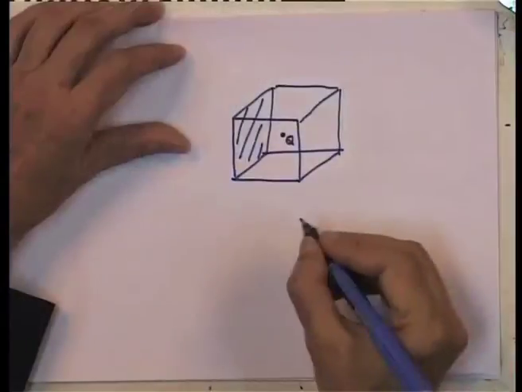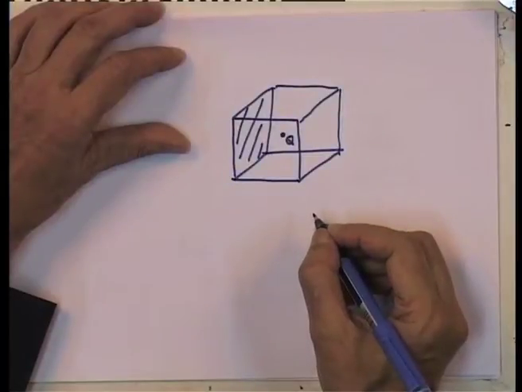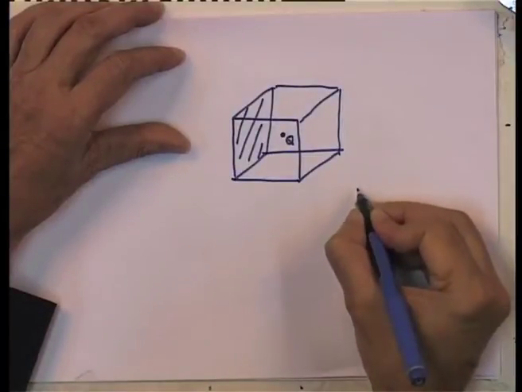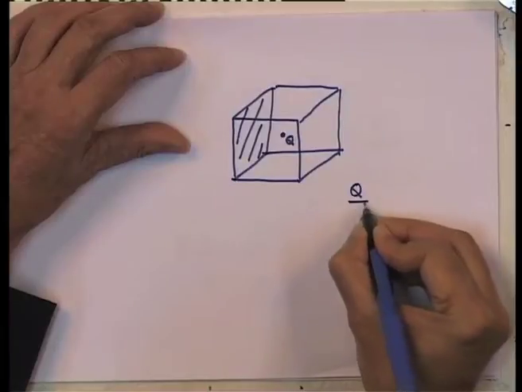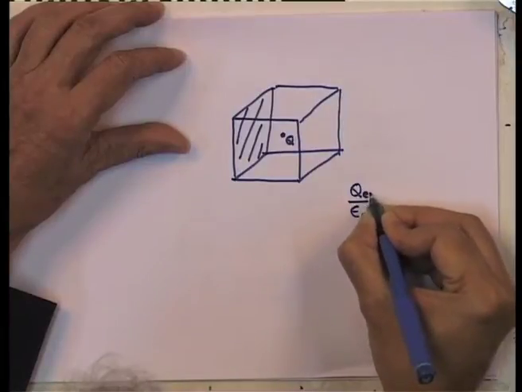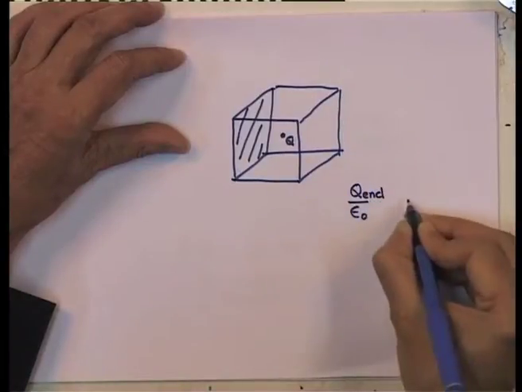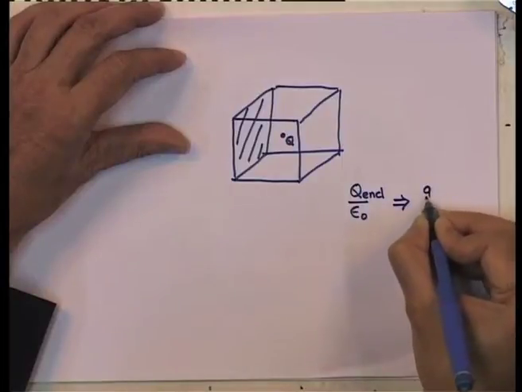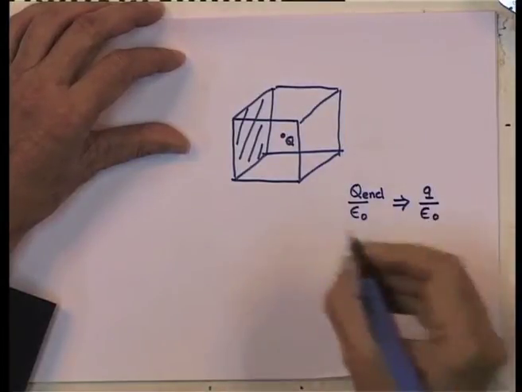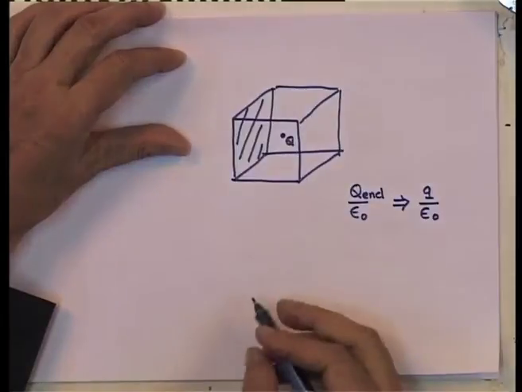And what is the amount of flux? According to Gauss's law, it is nothing but the charge enclosed, q enclosed, divided by epsilon 0, which is equal to small q by epsilon 0. This is the amount of flux that would go out through all 6 surfaces.